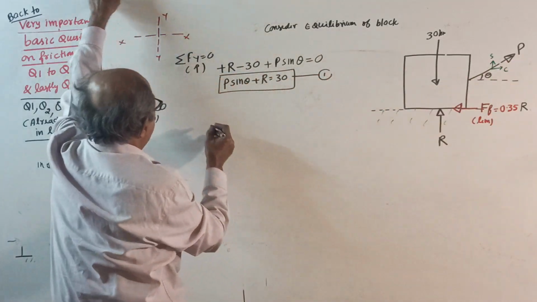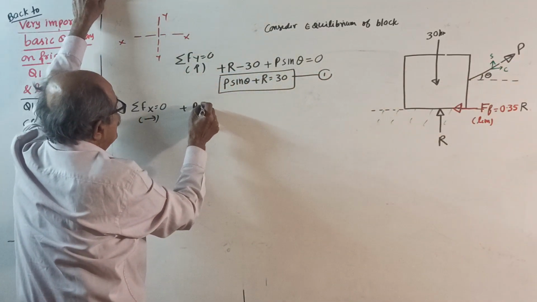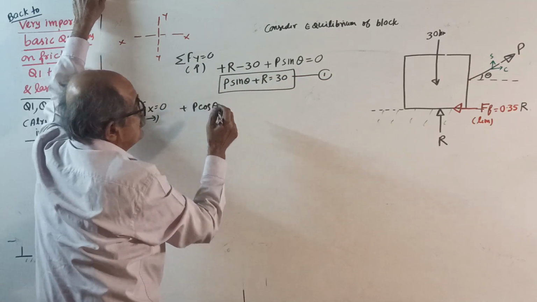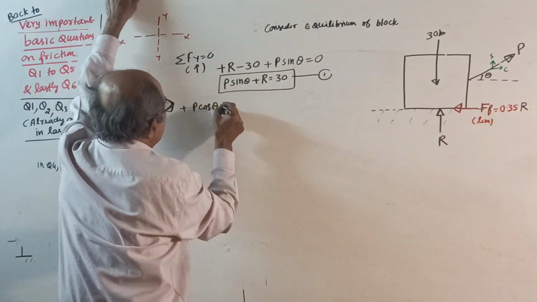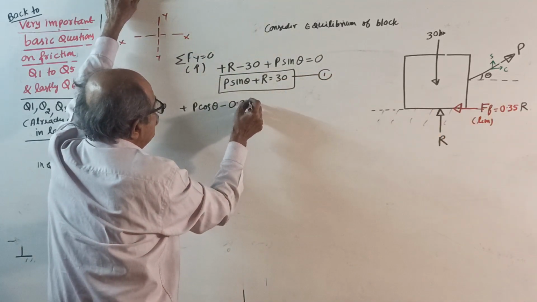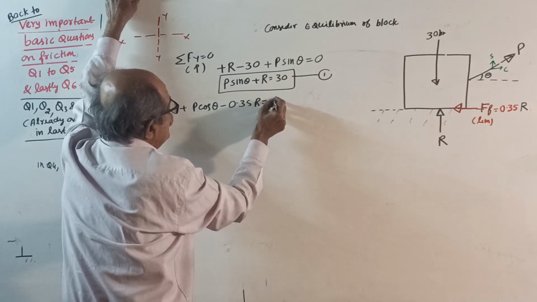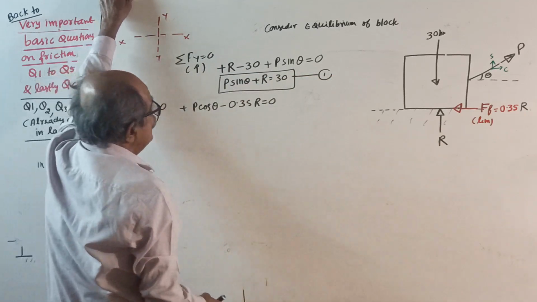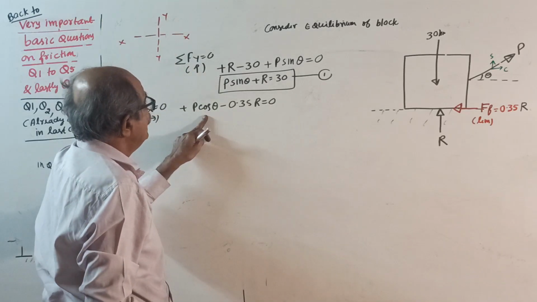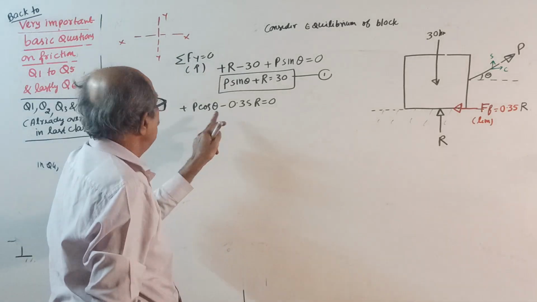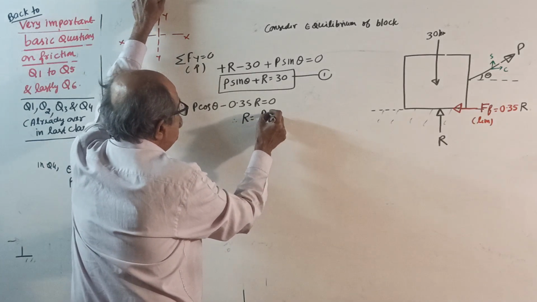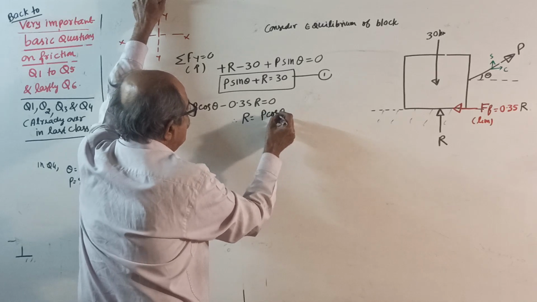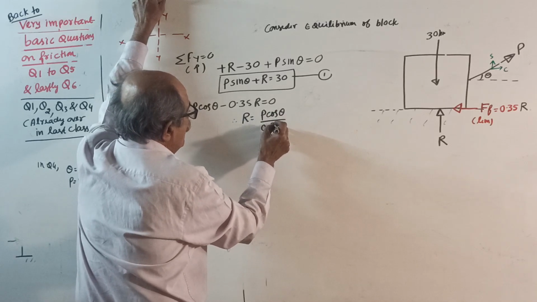Plus P cos theta minus 0.35 R equal to 0. Now you can do one thing. From this one, you can write R in terms of P. Therefore, R equals P cos theta divided by 0.35.